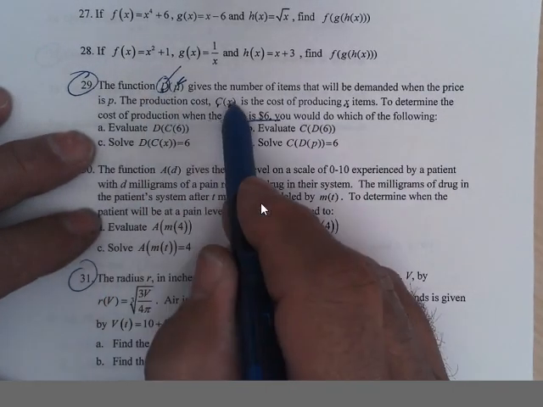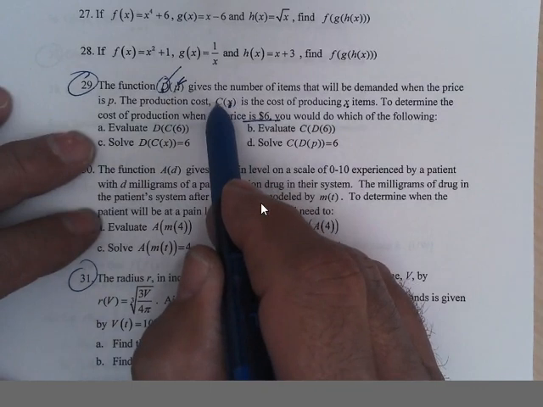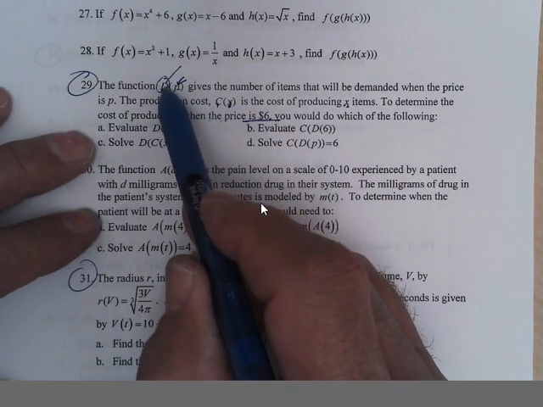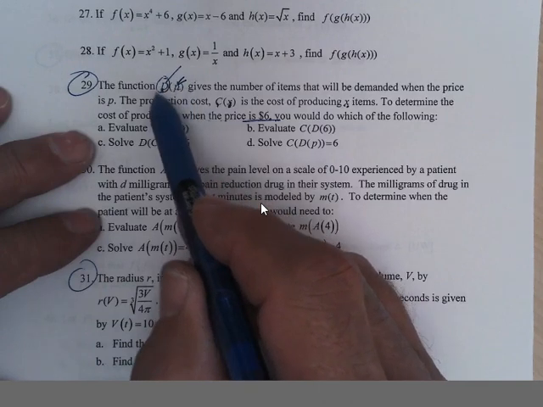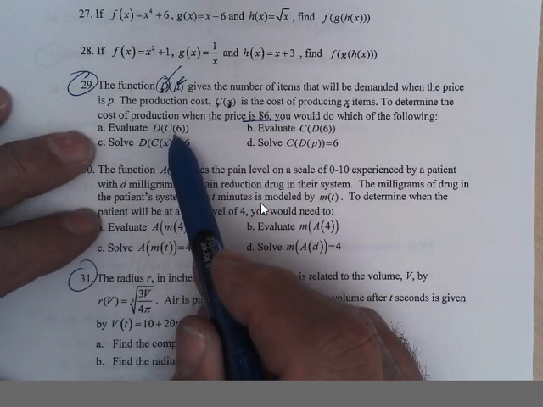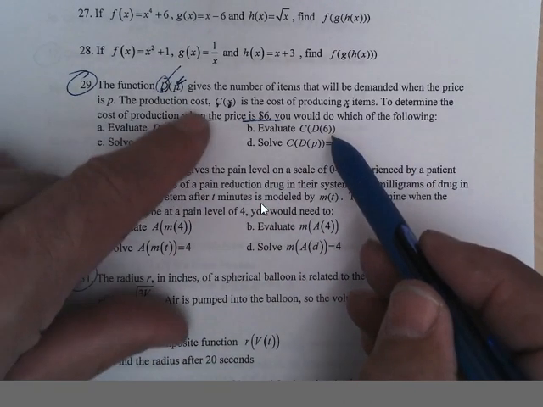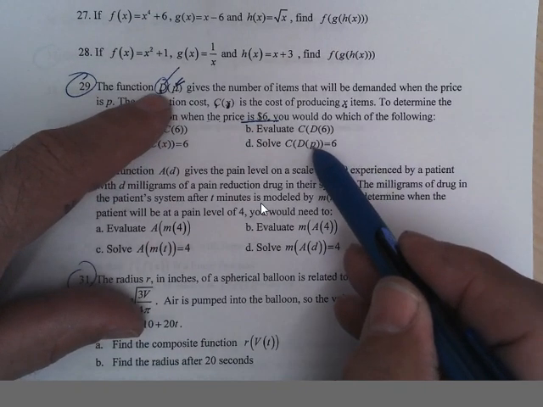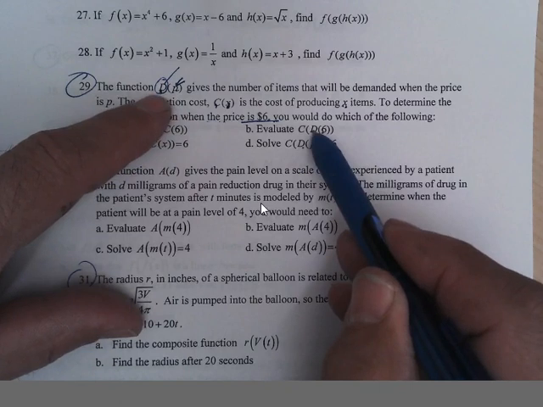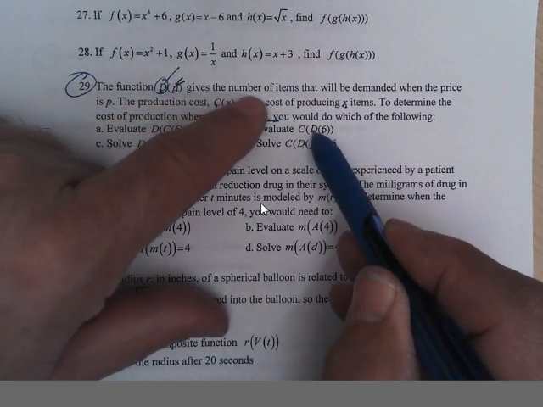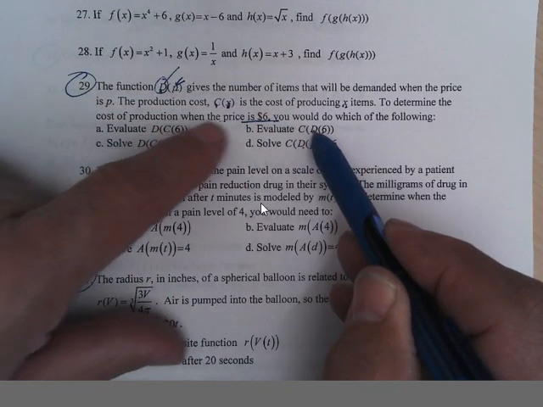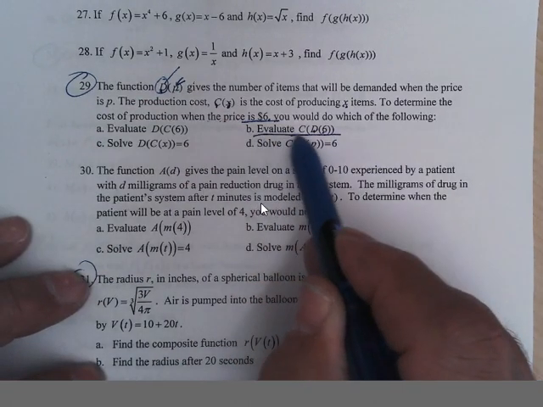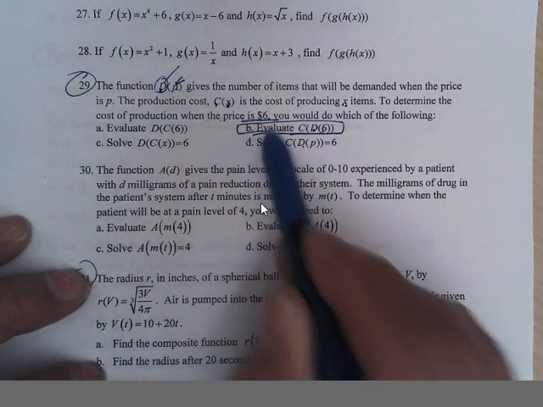So that would have to go into C to find out the cost. So it's going to be p going into D, and then that answer going into C. So 6 goes in for the price, gives you D, and D would then be the number of items demanded, and then items goes into C.